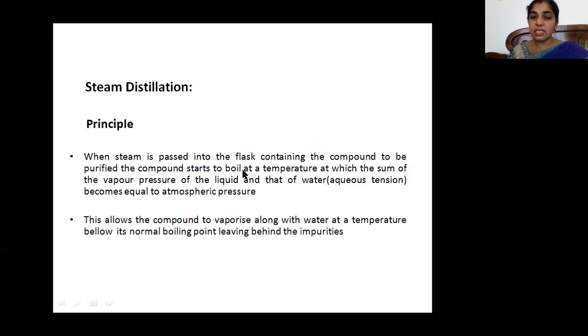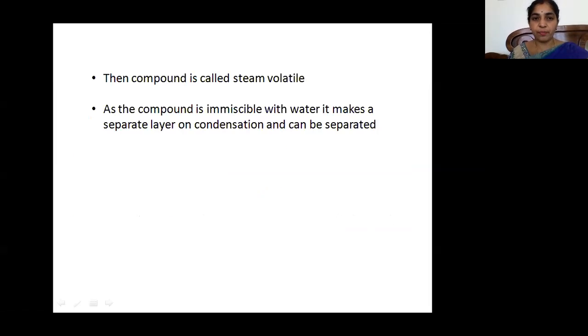So always it boils when the pressure of the liquid and that of the aqueous tension equals atmospheric pressure at a particular temperature. This temperature is much below its boiling point. As a result, the compound which is present in your liquid will not undergo degradation. Then the compound is called steam volatile.